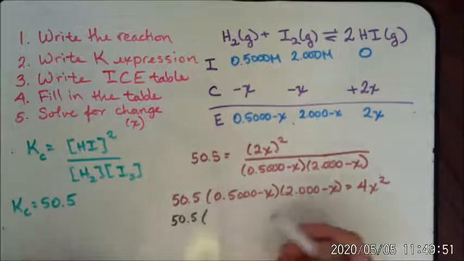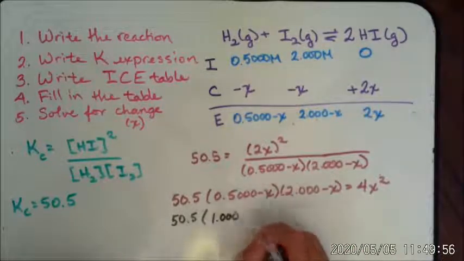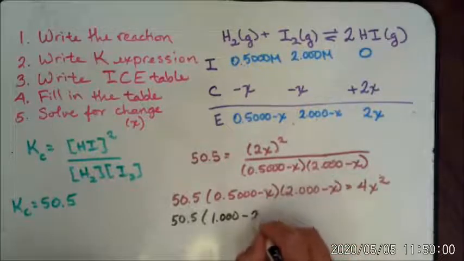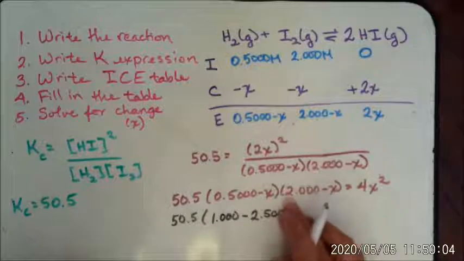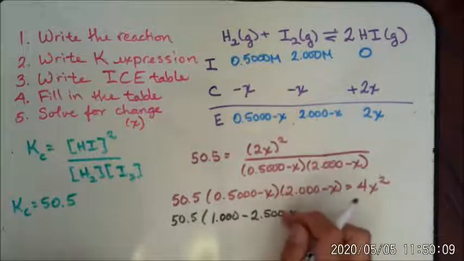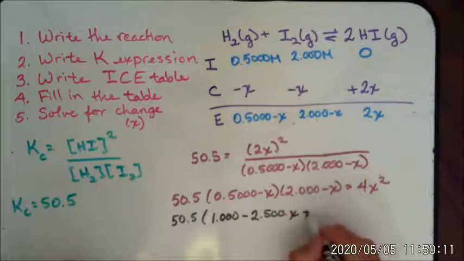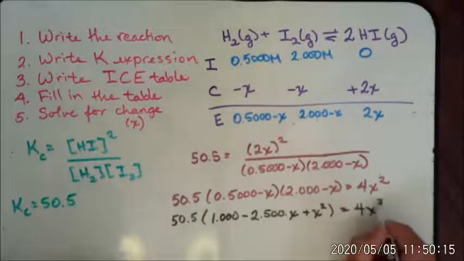So 0.5 times 2, it's going to be 1, minus 2.5x, minus 3x, plus x squared is equal to 4x squared.